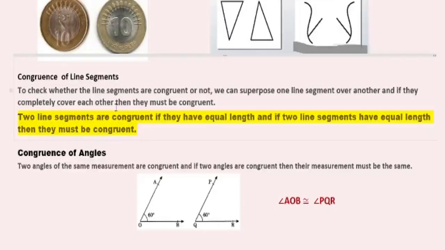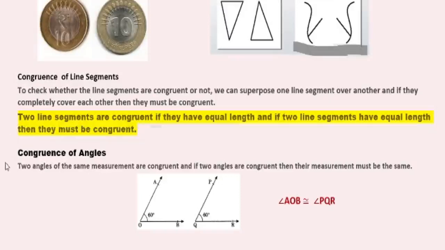Or you can say two line segments are congruent if they have equal length, and if two line segments have equal length, then they must be congruent. So in case of a line segment, if they have equal length, then they must be congruent.